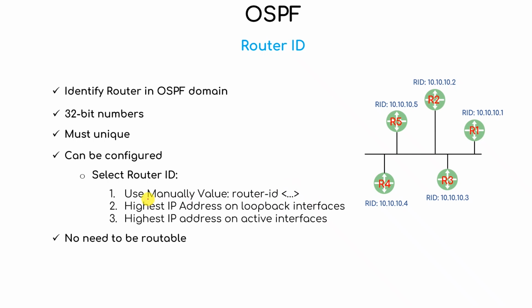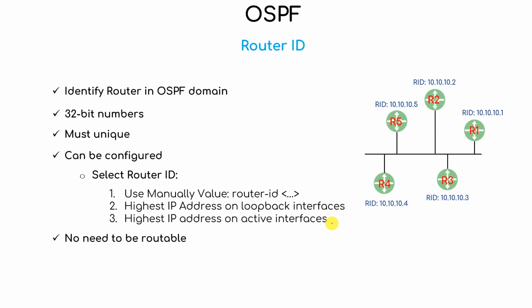In this case, we don't use a manual value. The OSPF on the router will take the highest IP address on a loopback interface. In case the router doesn't have a loopback interface, OSPF will use the highest IP address on an active interface. An active interface is an interface that is up and stays up.